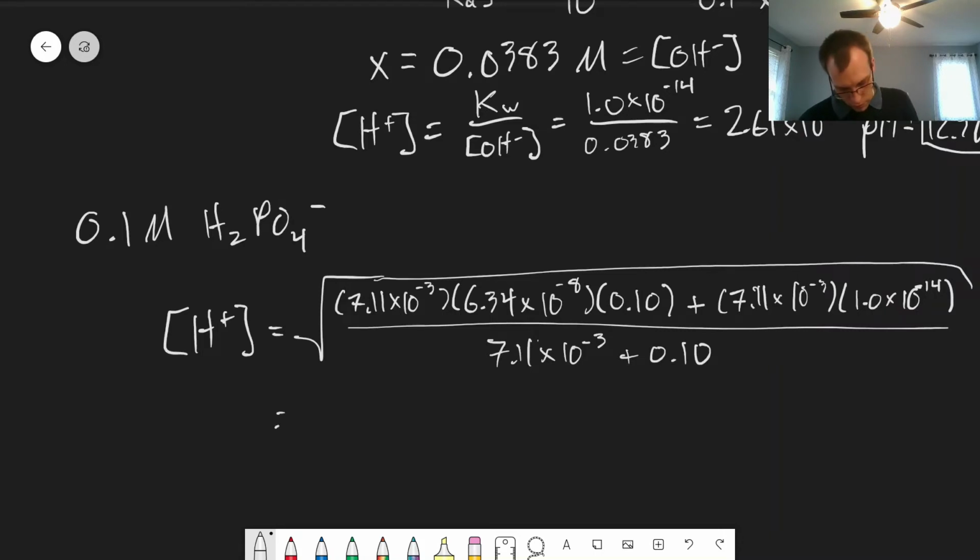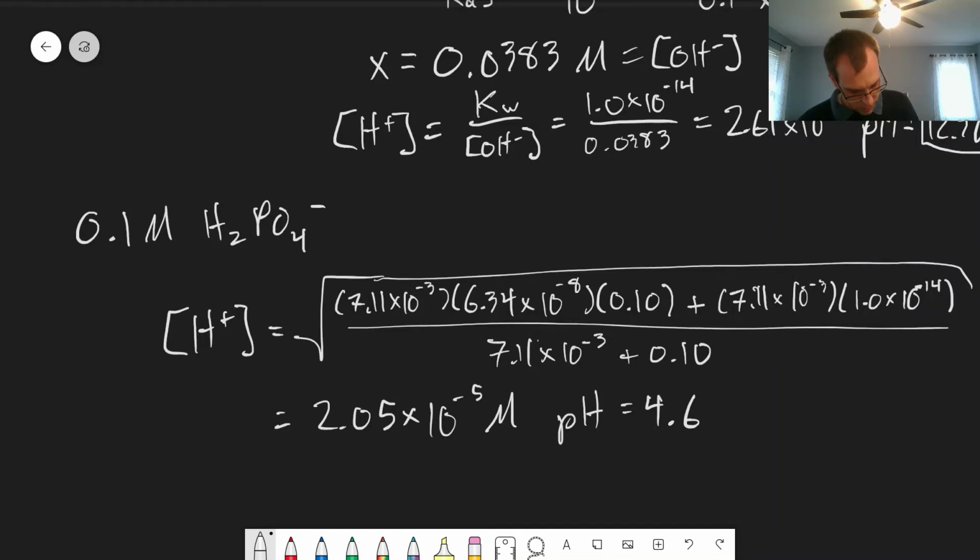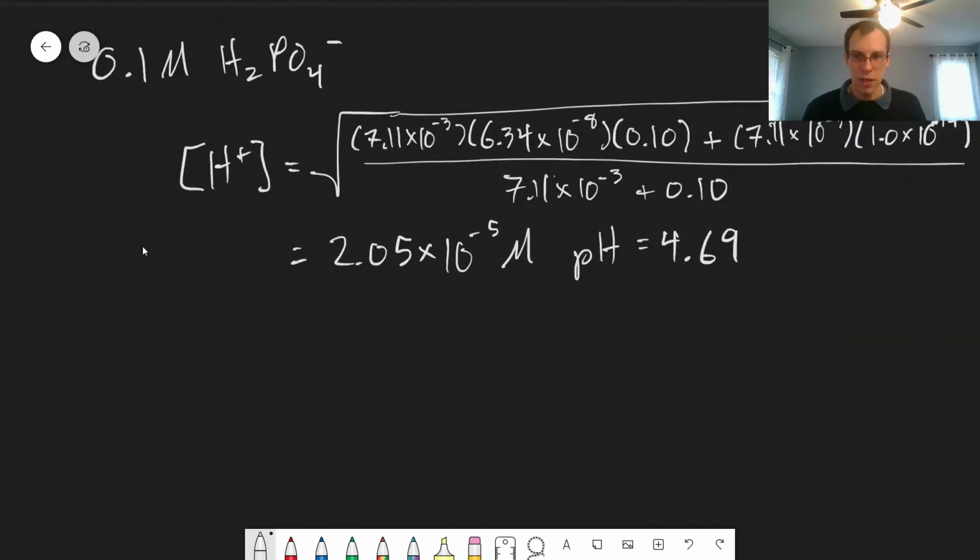So we can plug all that into the calculator. We get a value of 2.05 times 10 to the minus 5 molar, which gives a pH of 4.69. So a little bit acidic, as we would expect. This is the doubly protonated species still. And then the final one we could do is 0.1 molar HPO4 2 minus, hydrogen phosphate.